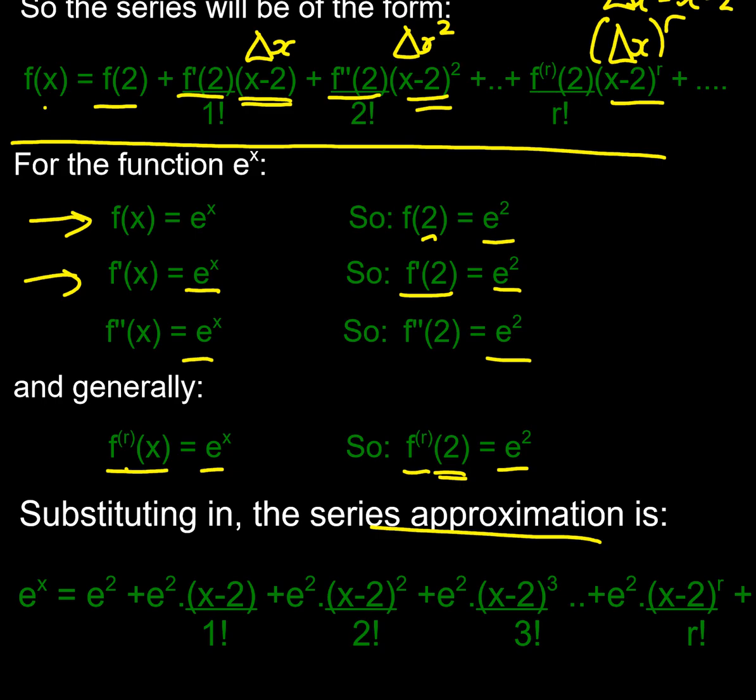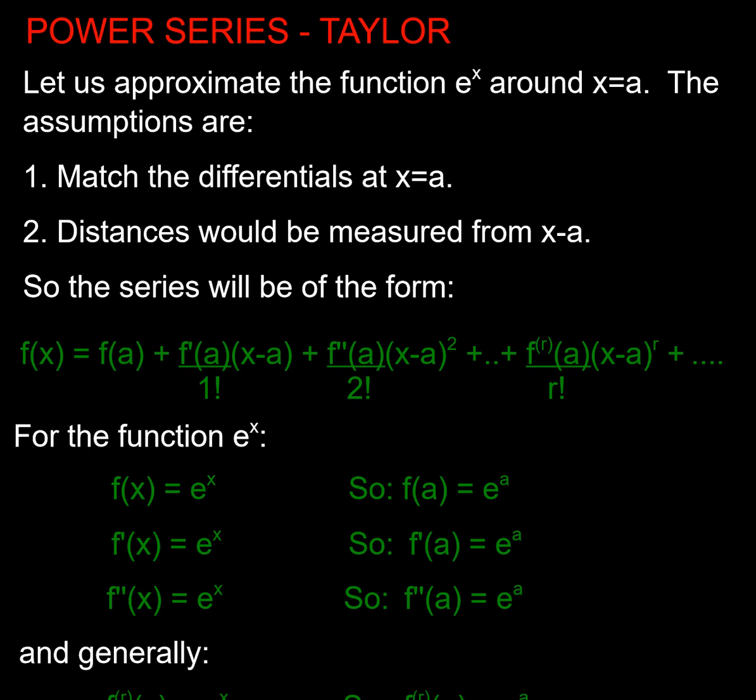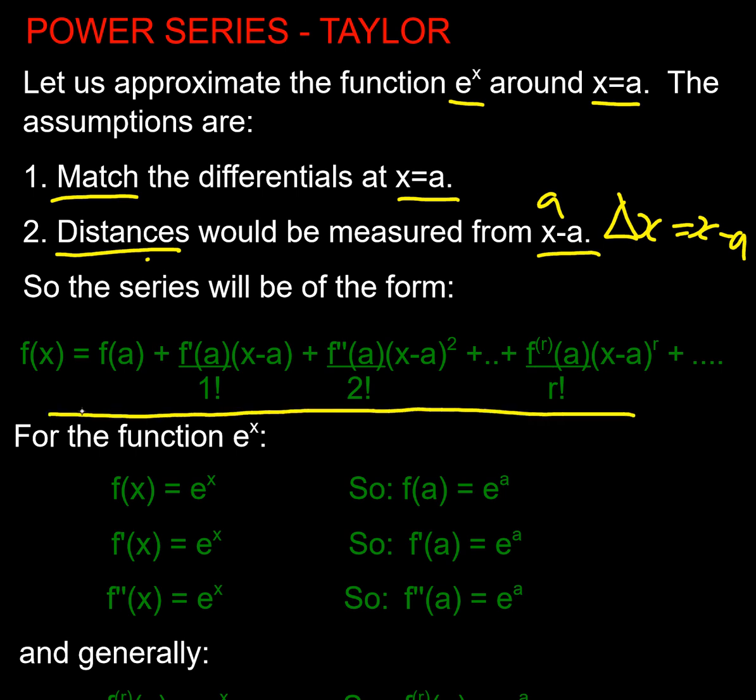Okay, so what if I wanted to generalize what I've just done? Well, if I wanted to find the values of e to the x around x equals a, I'd just match the differentials at a, and I'd measure my distances from a. So my delta x would equal x minus a, wouldn't it? Therefore, I get this form of the equation for the series.